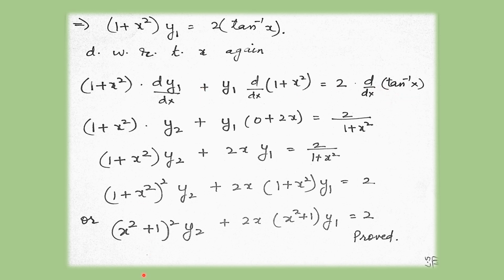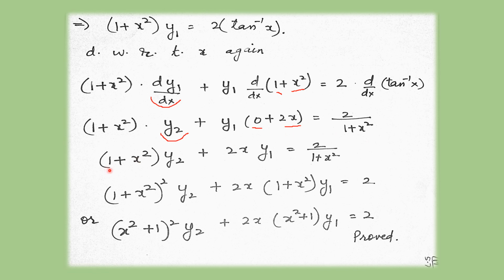Now, if you look carefully, dy1 upon dx is actually y2. So what you will get is 1 plus x square into y2 plus y1 into, the derivative of 1 is 0 and the derivative of x square is 2x. Okay, now which will be equal to 2 into the derivative of tan inverse x, which is 1 upon 1 plus x square.